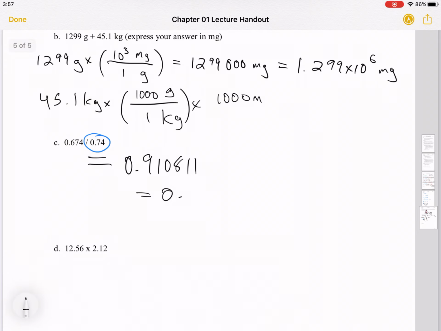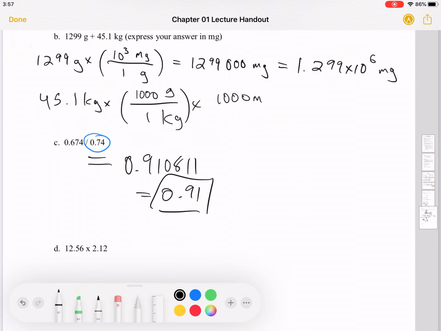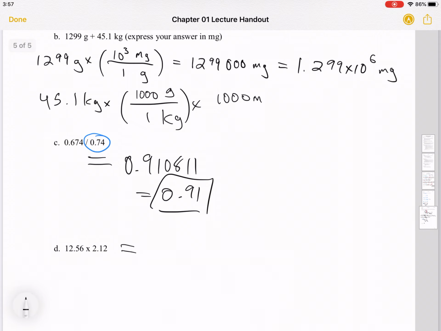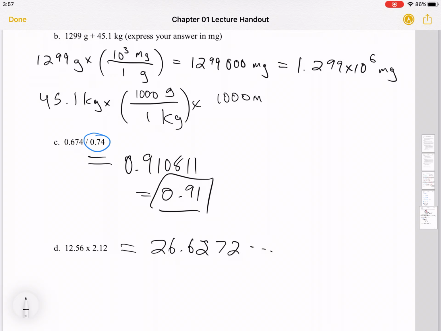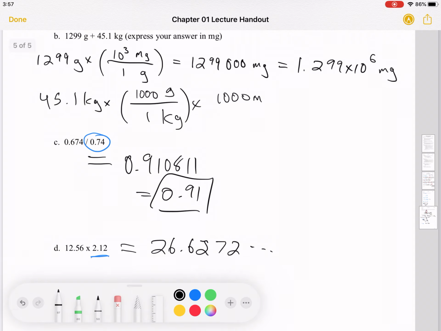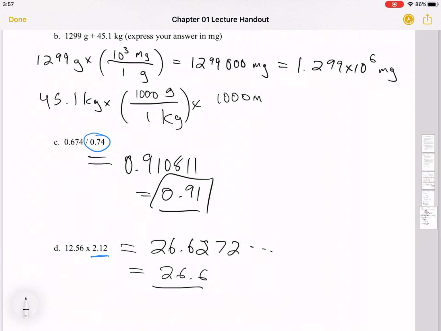All right, so 0.91, boom, that's it. And so we can do this other one, 12.56 times 2.12. If you do that, you get 26.6272. And I'm sure that keeps going. I didn't do it right now, but I have done it in the past. And this guy has 3 sig figs, so that's what we're going to keep. So that is 26.6, and there's my answer.